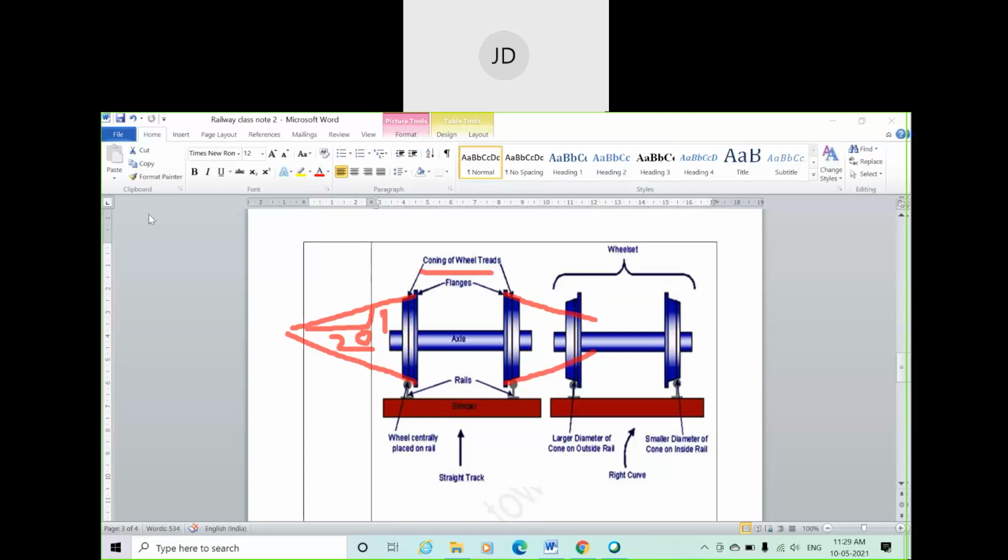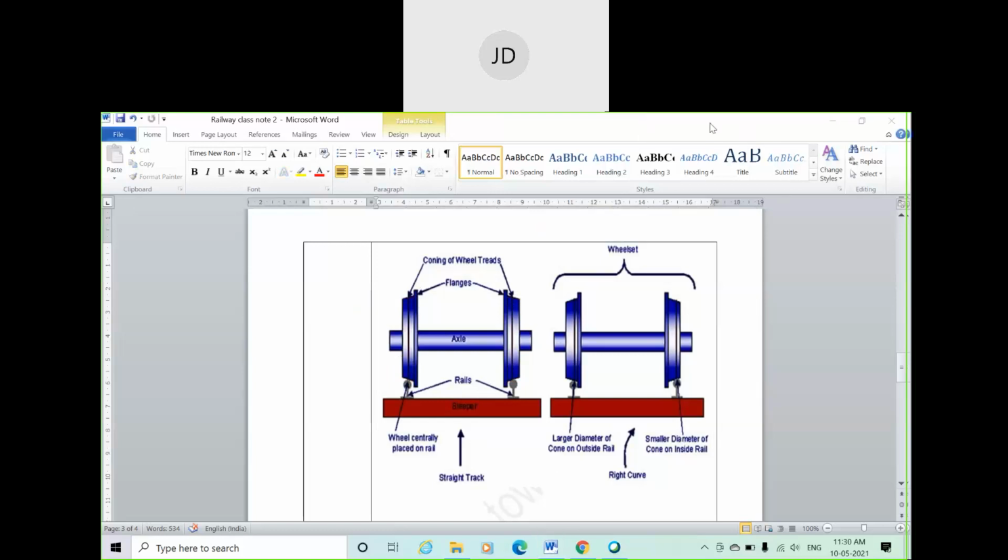You can see the cone is provided here also, even here, here and here. Now suppose a particular train is moving in a right curve, in a curvilinear track.